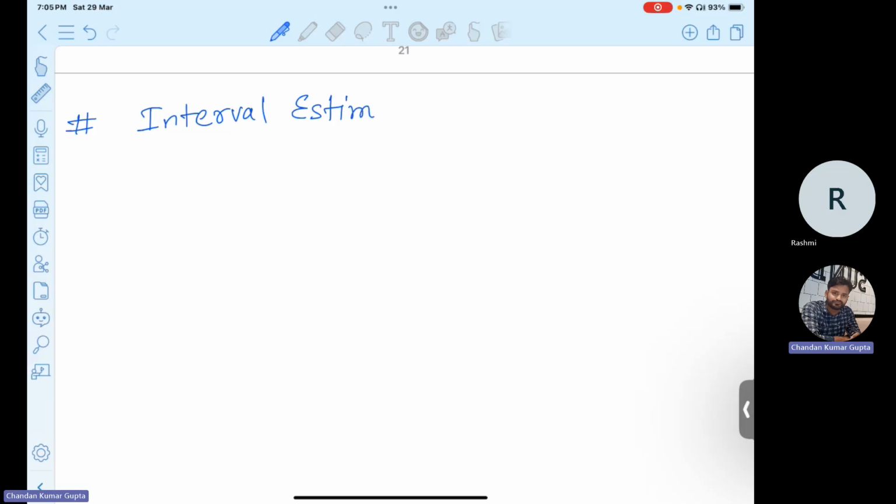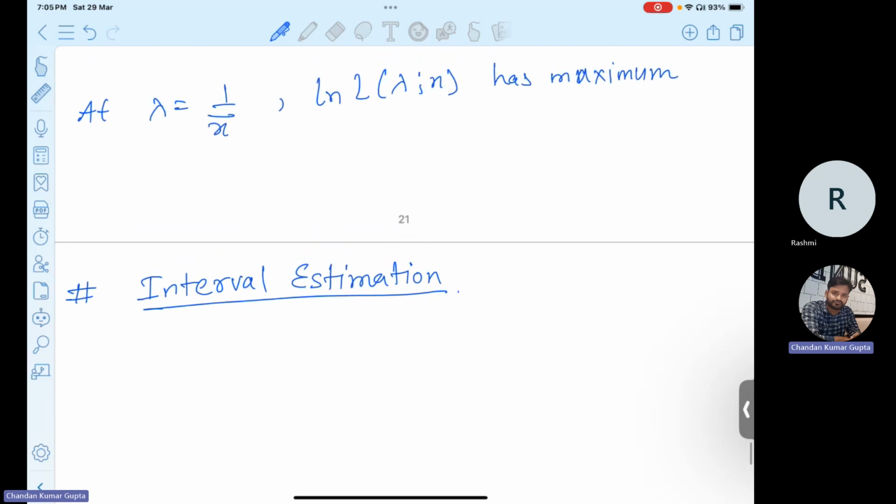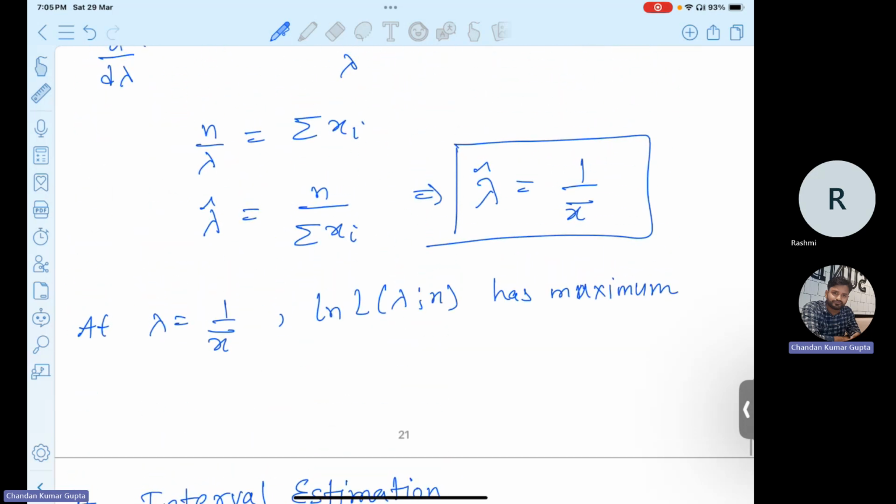Up to this point, we have discussed methods of estimation, in which we discussed the method of moment estimator and maximum likelihood estimation.